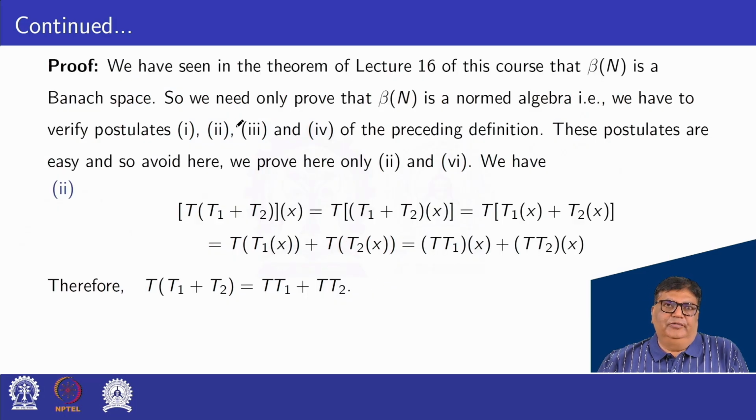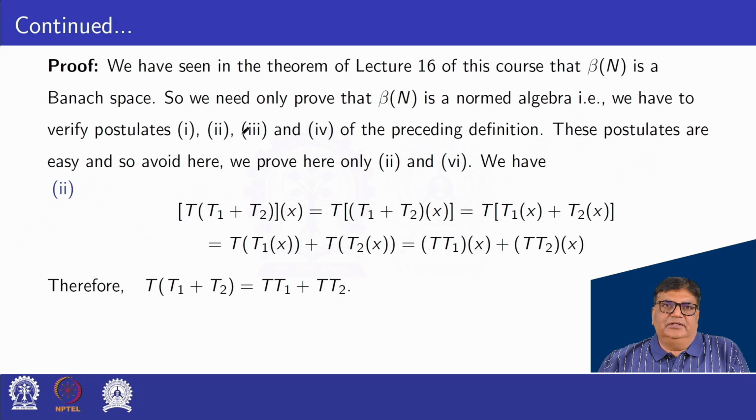Okay, let us prove it. We have seen in the theorem of lecture 16 of this course that B(N) is a Banach space if N is a Banach space. So we need only prove that B(N) is a normed algebra, that is, we have to verify conditions first, second, third and fourth of the preceding definition.